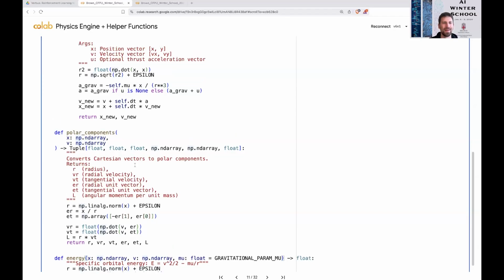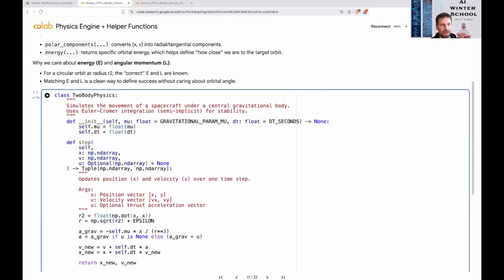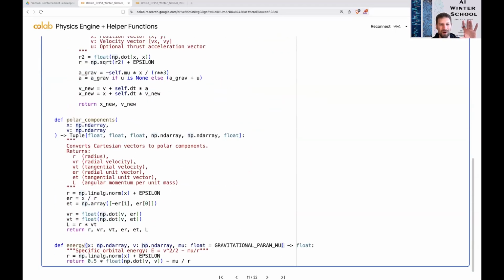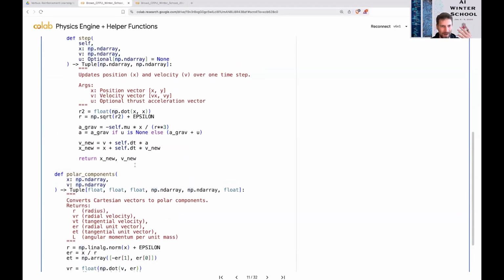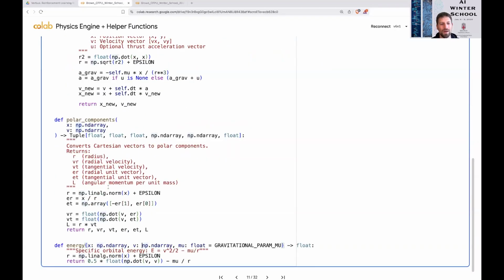So this has all of those observational parameters that we talked about from the slides that our agent is going to look at. All the physics is here, where at every time step we calculate the next time step position and velocity in polar coordinates, as well as the angular momentum and the energy.